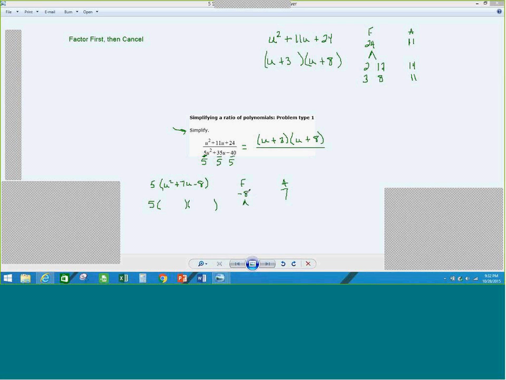This one I see pretty quickly: -1, positive 8. Those would multiply to -8, but if I added them together, it would leave us with that positive 7 that we wanted. So I'll say u squared as u and u, negative 1, positive 8.